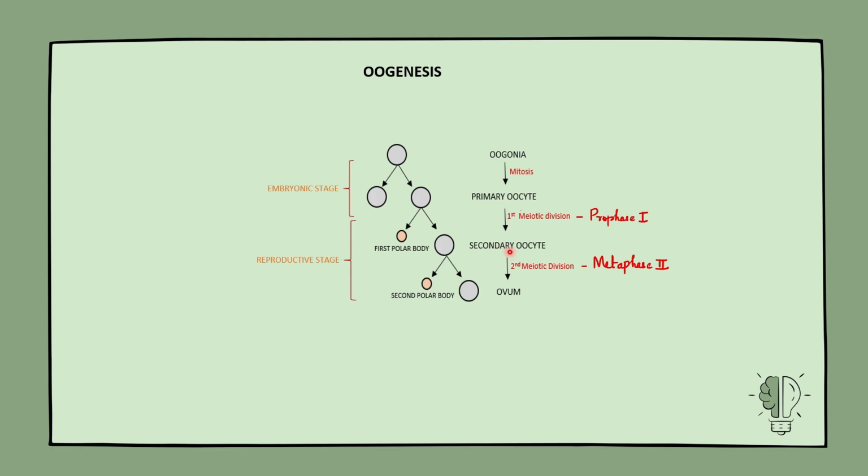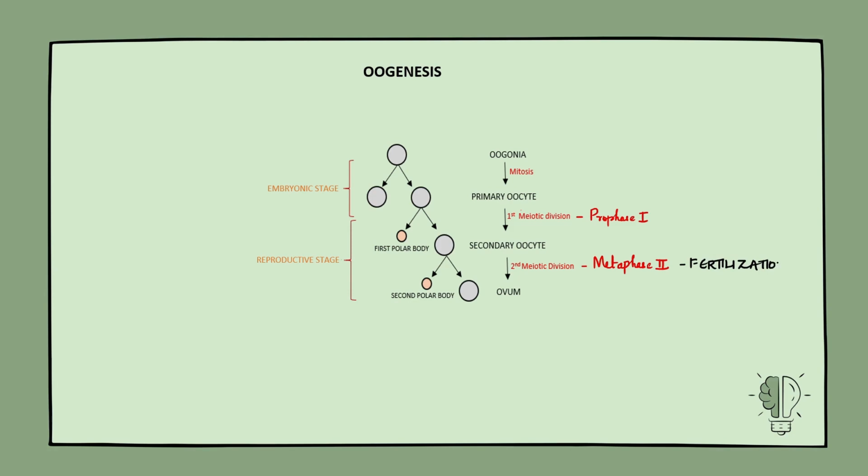Now the released secondary oocyte then enters the fallopian tube where it completes the second meiotic division when it fuses with the sperm to form an ovum and a second polar body. So that means the secondary oocyte will complete the second meiotic division only if fertilization takes place.